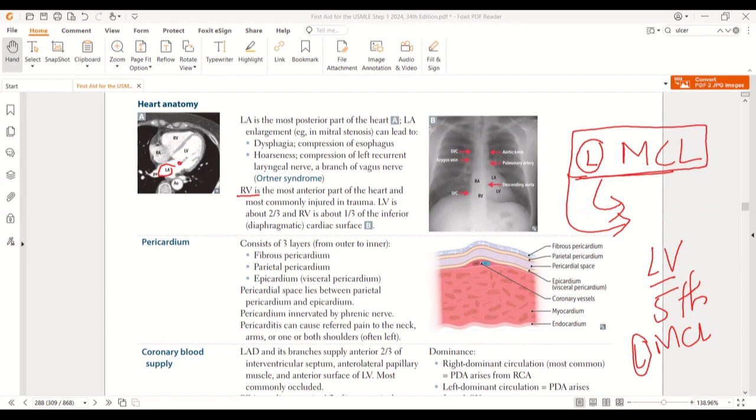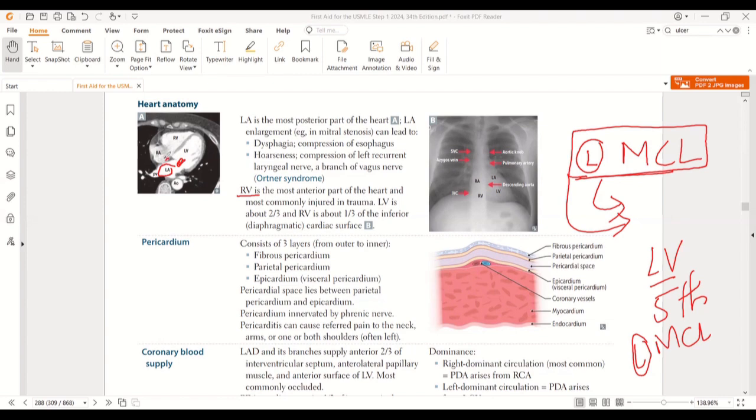So if there is a stenosis of the mitral valve, then it will lead to the enlargement of the left atrium, right? Yes.